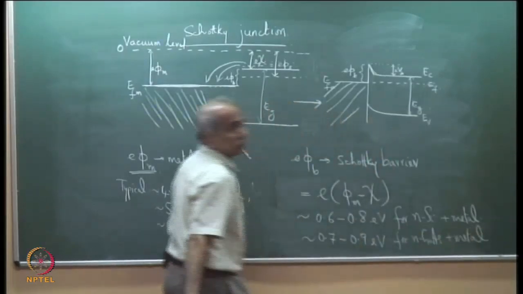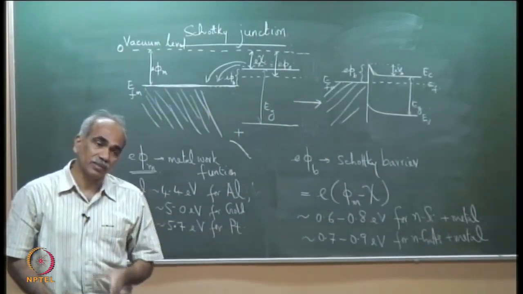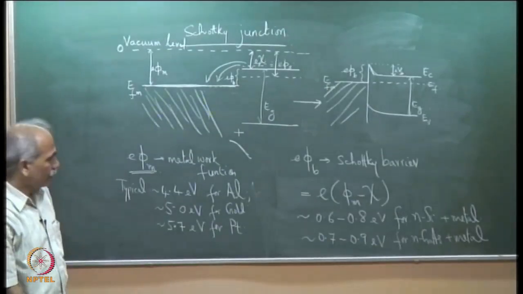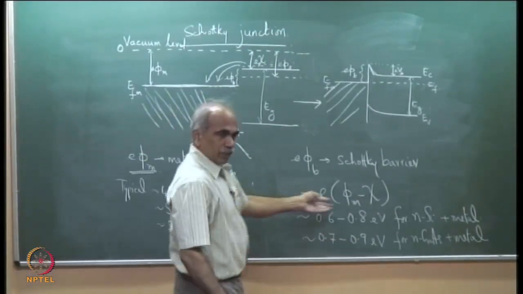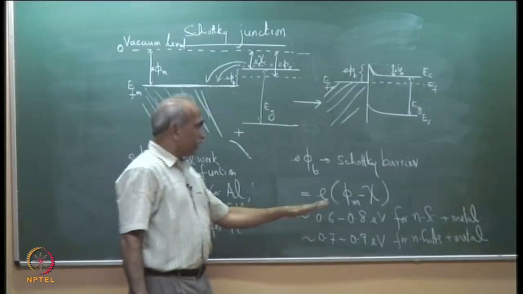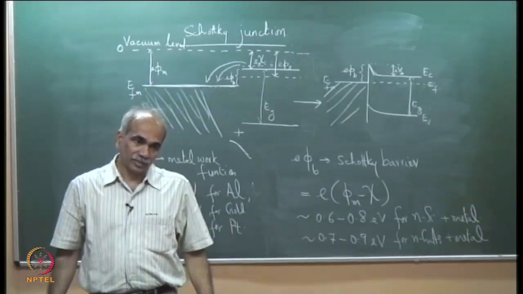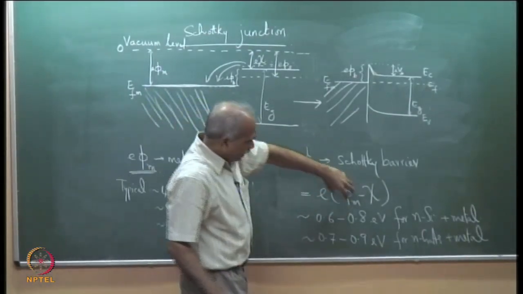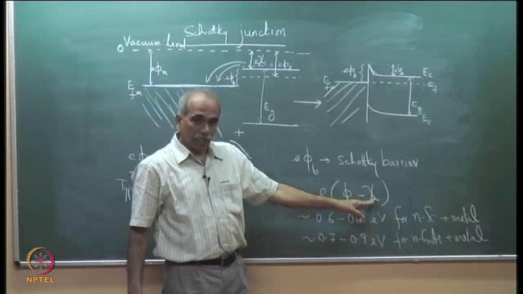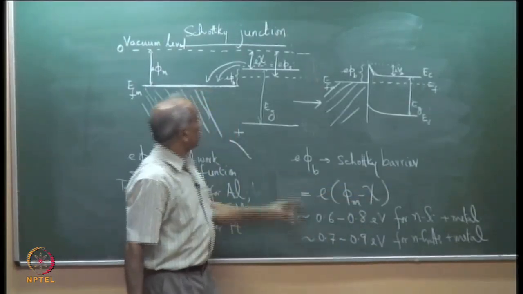Some idea about what kind of Schottky barrier heights we have. Theoretically it is this much, but generally it does not come out exactly that much, but at least it tells you that in general phi m is greater than chi, and therefore there is a barrier.